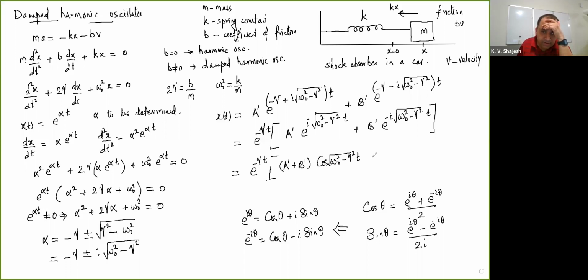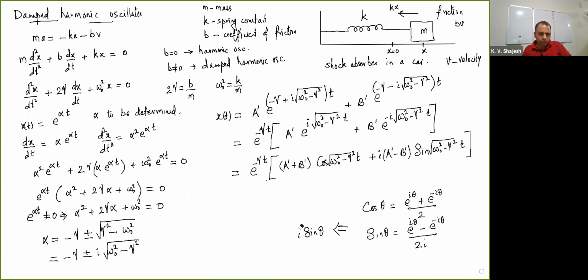There's a minus sign, so this is plus i times a prime minus b prime, correct? And this time the second term is given in terms of sine. Of course, I don't have to call this a prime and b prime. I can give it some new variables.